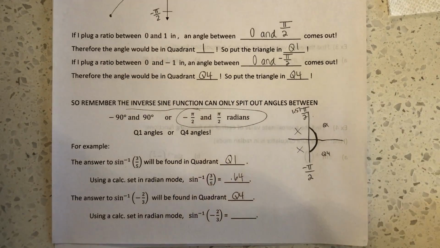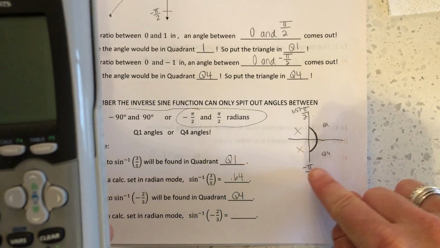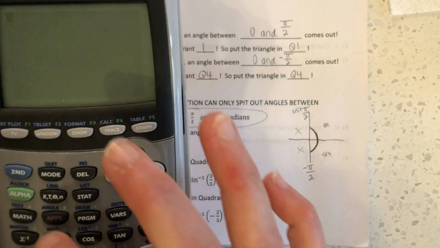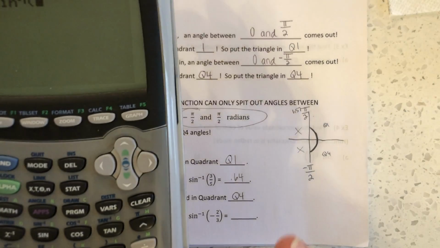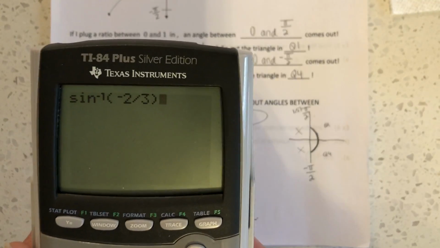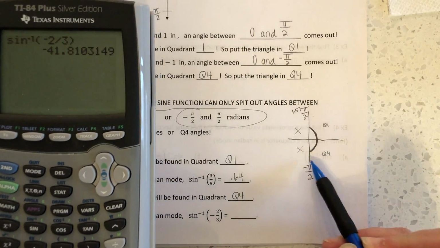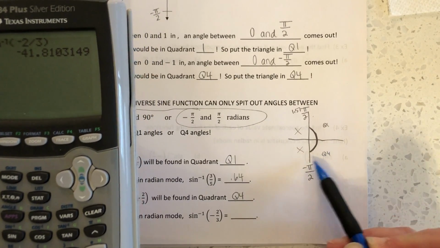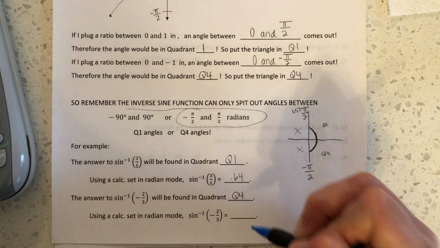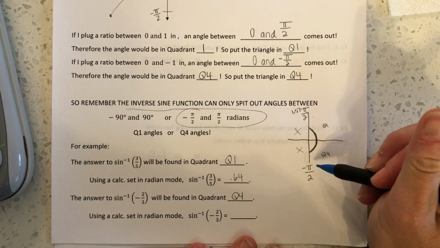I'll do it in degrees. It's going to be something between 0 and negative 90. What is the inverse sine of negative 2/3? It's negative 42 degrees-ish, and that's definitely an angle between 0 and negative 90 degrees. It is totally giving you a quadrant 4 angle between 0 and negative pi over 2.